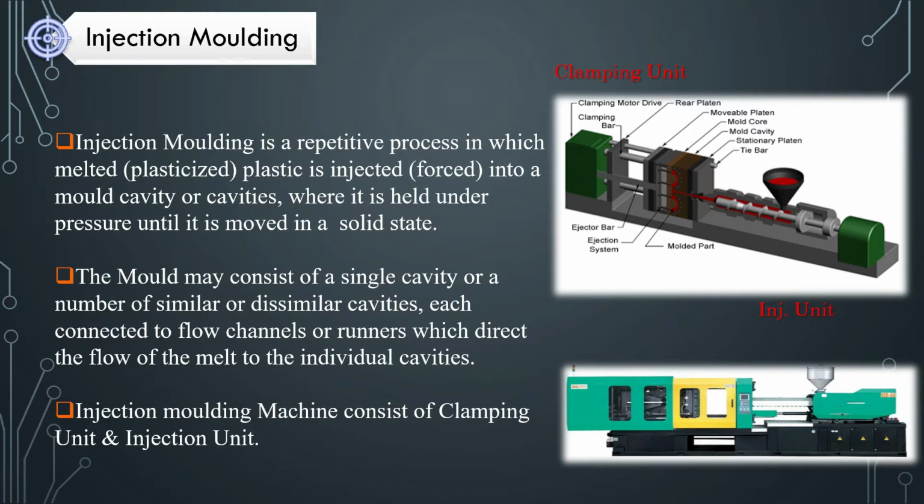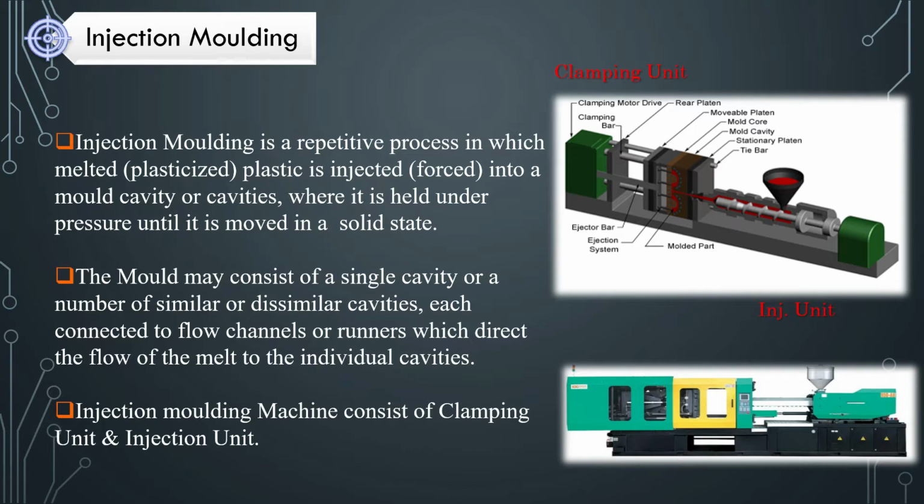Injection molding is a repetitive process in which the plasticized plastic is forced into the mold cavities, where it is held under pressure until it solidifies.